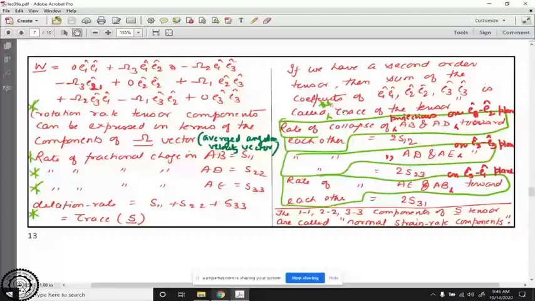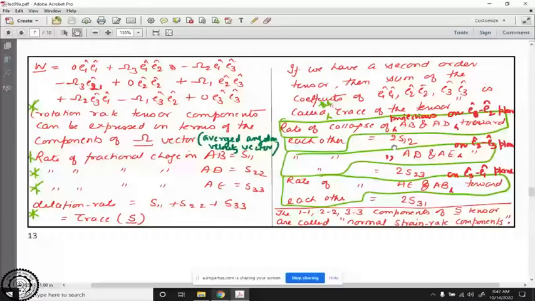That is also called the trace of the tensor. And you will see in some books they write it like this: trace of tensor S. What it means is S11 plus S22 plus S33. Okay, so we can say that the trace of the strain rate tensor represents the dilation rate of a fluid element, or the rate of fractional change in volume.